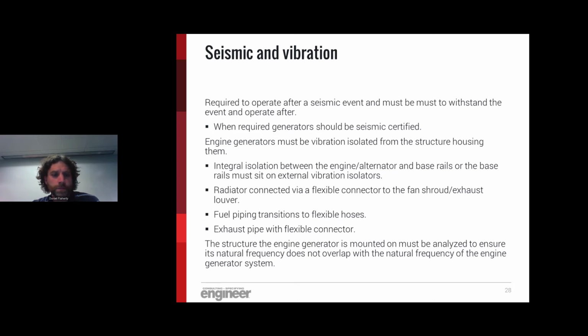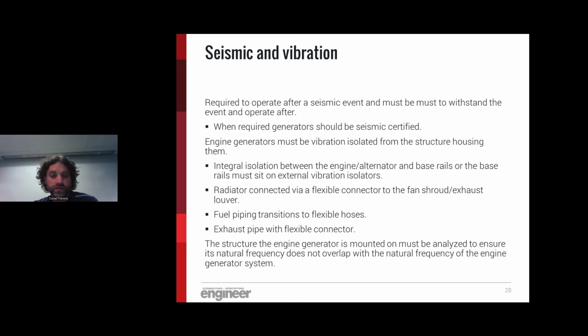And then moving on to the vibration aspect, engine generators must be vibration isolated from the structure housing them. Integral isolation between the engine and alternator and the base rails must sit on external vibration isolators. When that equipment is vibration isolated, we must make sure that the radiator is connected via a flexible connector to the fan shroud or an exhaust louver.